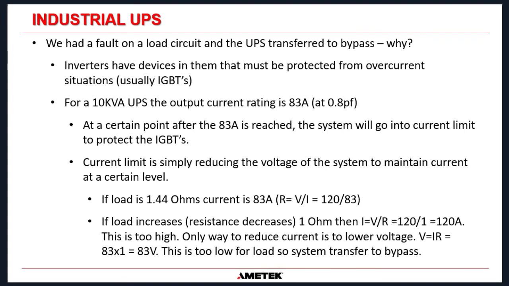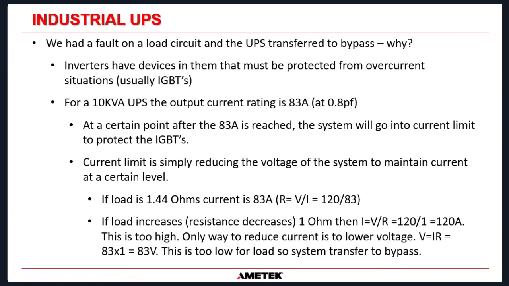And that's too high. Obviously, it's above the rating of the 10 kVA UPS. So the only way to reduce the current electronically, now think about this, we can't change the load. Okay, the load is the load. You can't change anything in the load. So you can't change the resistance in the load unless somebody goes out and actually physically switches something off on the load circuits.